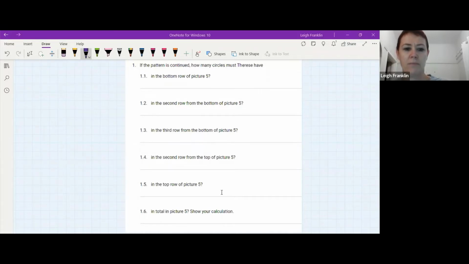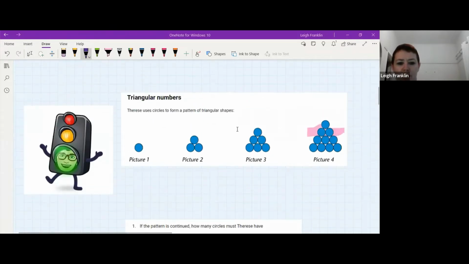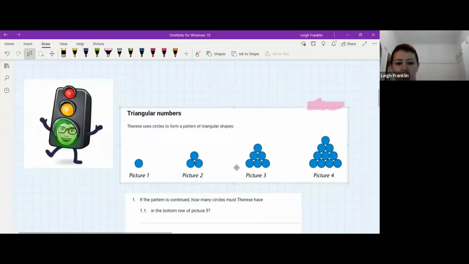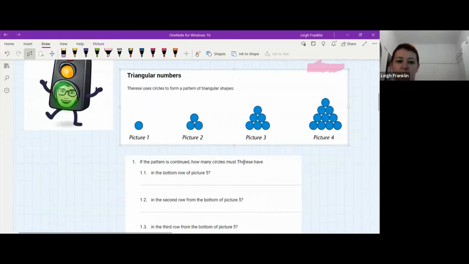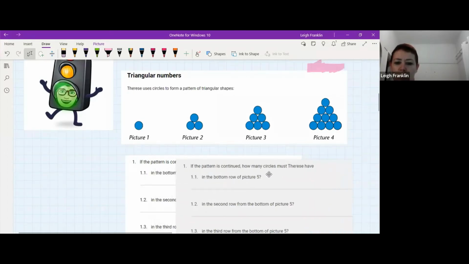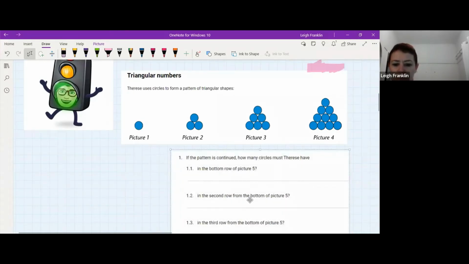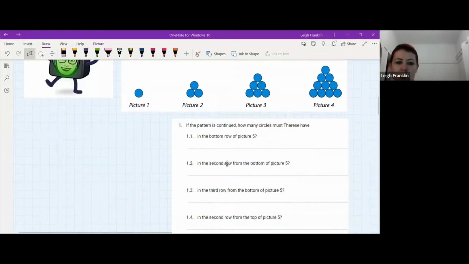Can I please see the shapes? Okay, no problem. They're the shapes. Okay, so it's those triangles that have been made out of circles. Okay, ma'am. Ma'am, can you now put the pictures next to the questions?